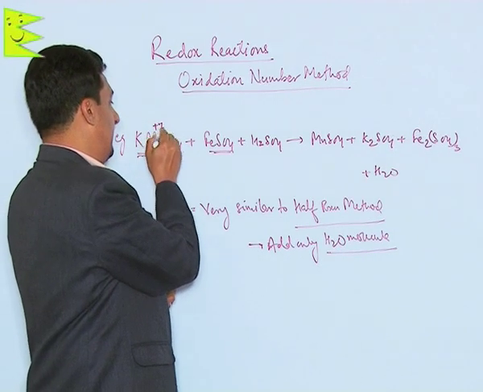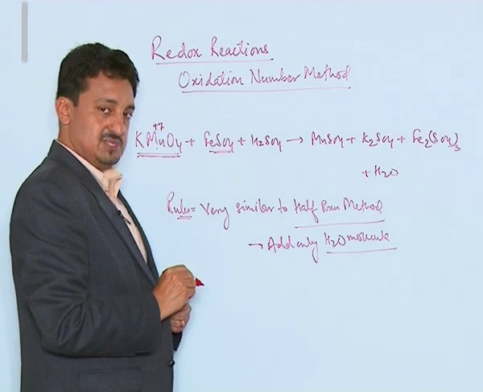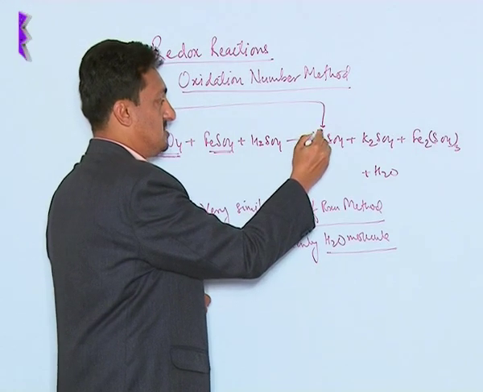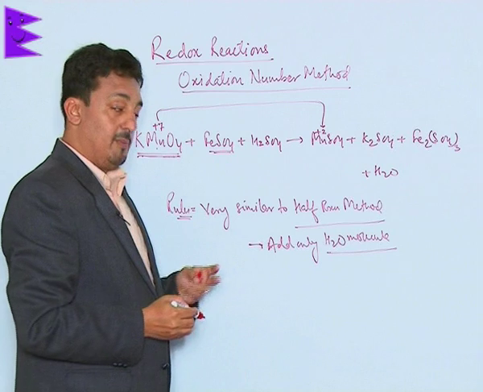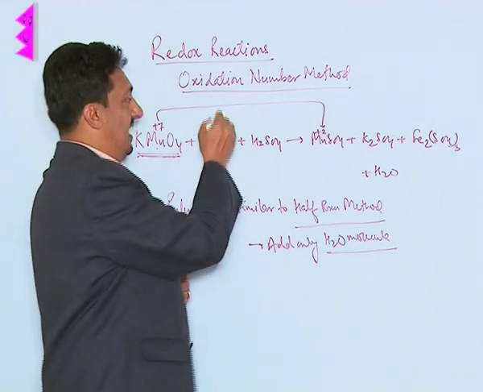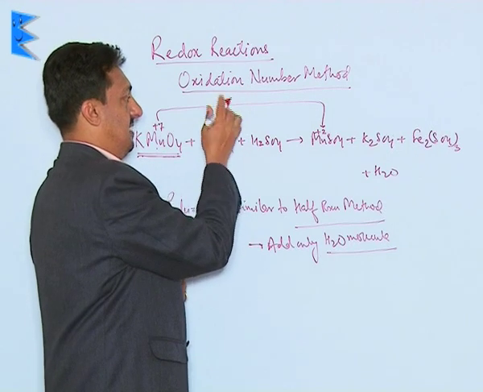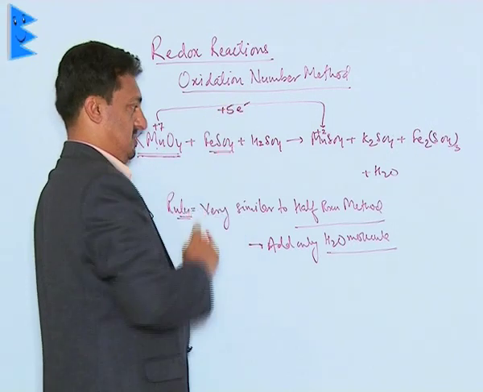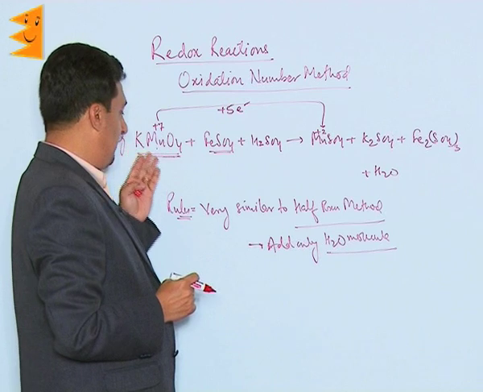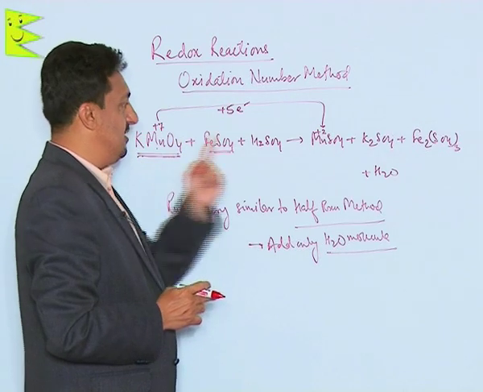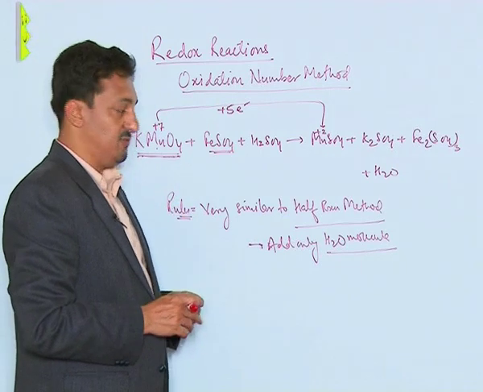In this case, manganese is in +7 oxidation state. It is getting reduced to +2. So, how many electrons is it accepting? It is accepting 5 electrons. So potassium permanganate accepts 5 electrons, getting reduced to MnSO4.